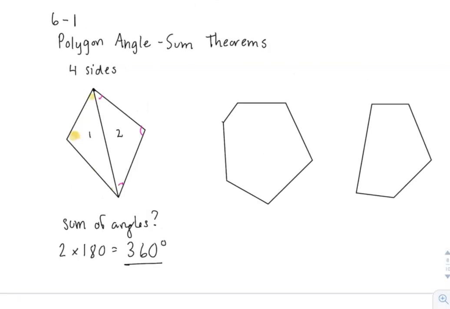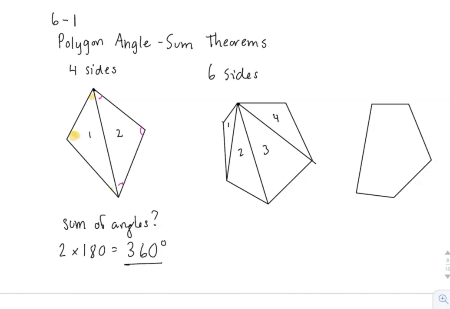Now let's look at this next one. We have 1, 2, 3, 4, 5, 6 sides. I'm going to start at any vertex. Start at this one. I'm going to see how many triangles I can create. So I have one right here, one right here, and then that breaking up into another 2. So I have 1, 2, 3, 4.